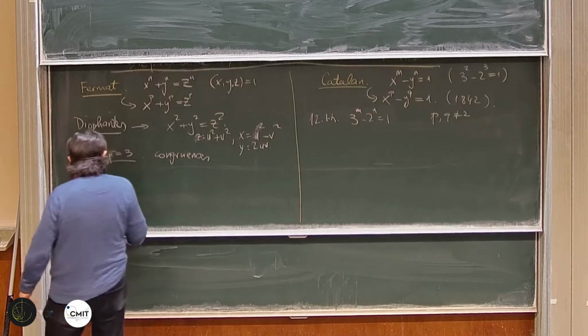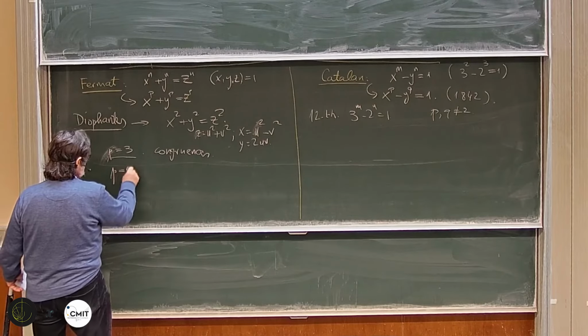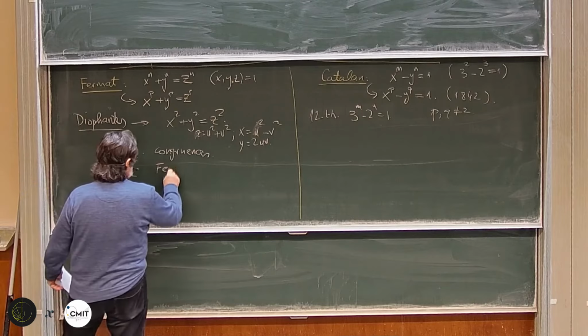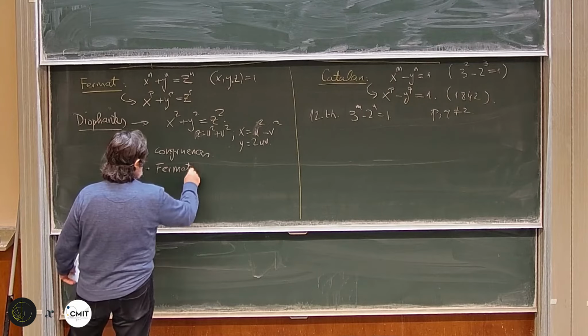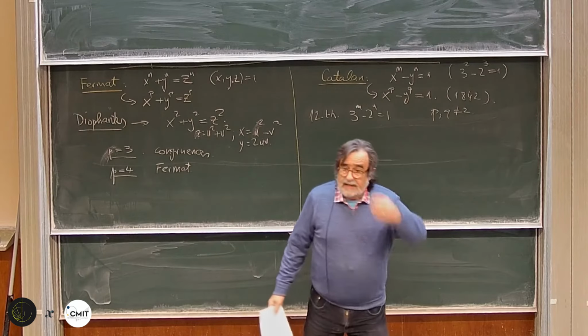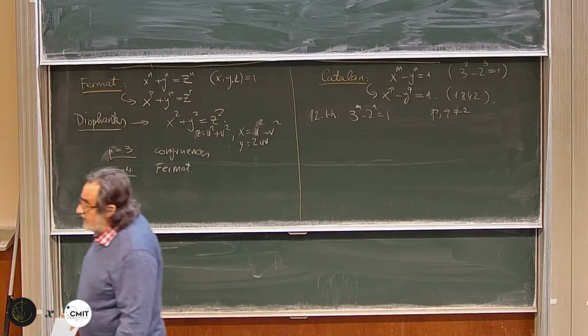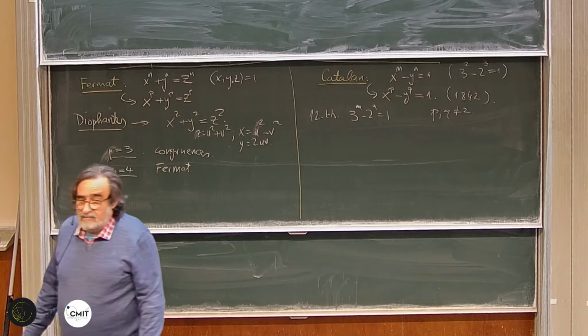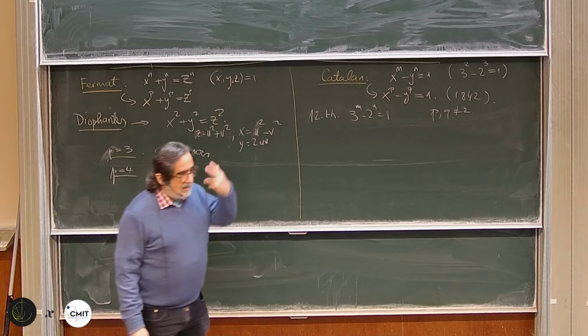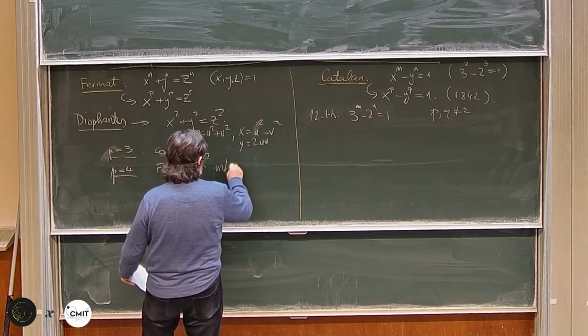The case p equals 4 is more interesting because it was solved already by Fermat, and he introduced here a very natural method, but that became very fruitful along the time and received the name of infinite descent.